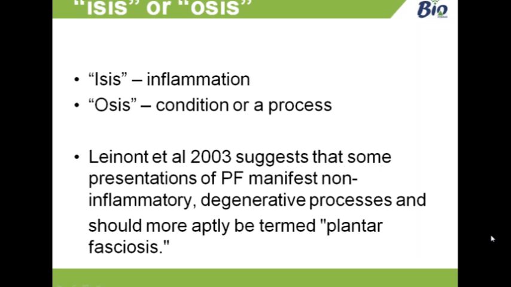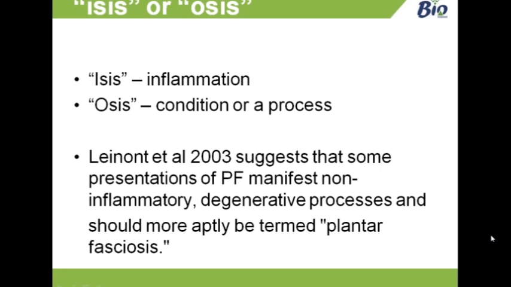But anyway, because we call it plantar fasciitis, we would assume that the pain is caused by an inflammation of the plantar fascia. Well, this isn't necessarily the case. In a paper written in 2003, which I've quoted, they suggest that some presentations of plantar fascia manifest non-inflammatory degenerative processes, and so it should be termed plantar fasciosis.